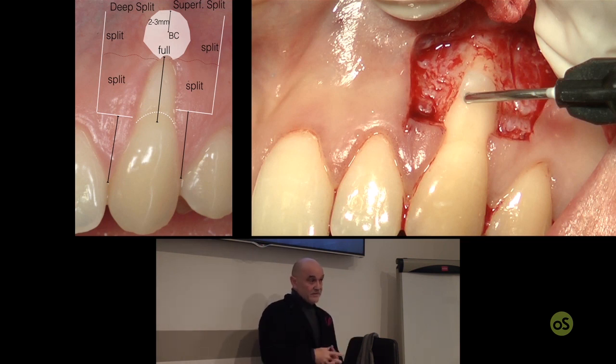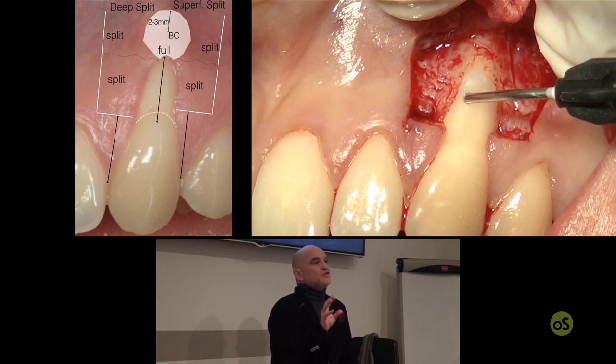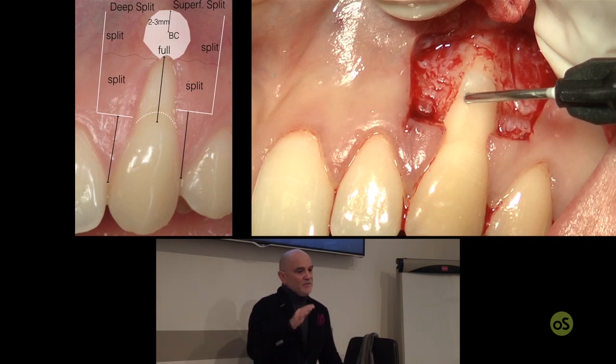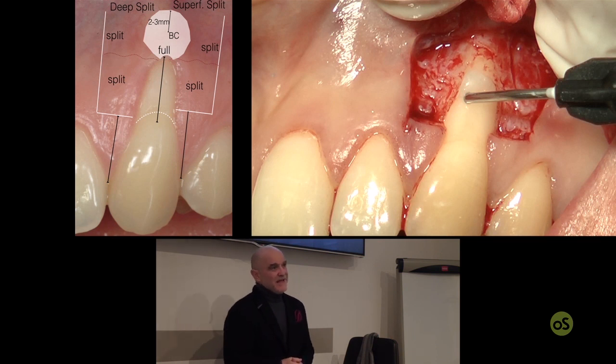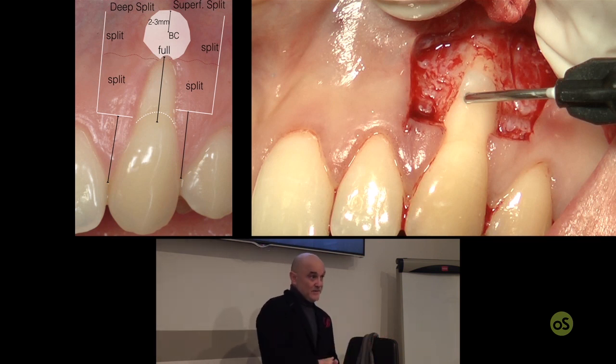And blood clot adhesion is the biological means to block epithelium downgrowth. So if we don't want healing between the soft tissue and the root characterized by junctional epithelium, but we want to promote connective tissue attachment again, like it was before the gingival recession, we have to block epithelium downgrowth.